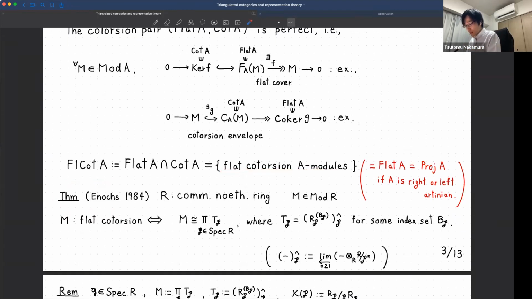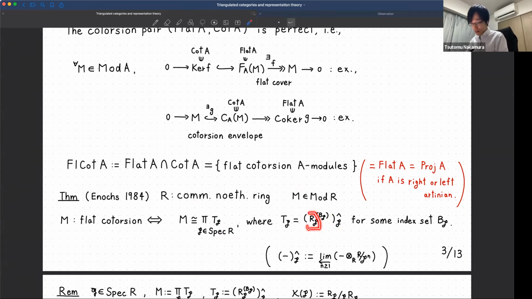For such modules, Enochs proved a nice structure theorem if R is commutative Noetherian. Given an R-module M, M is flat cotorsion if and only if M is isomorphic to a direct product of T_p, where p runs through all prime ideals of R, and T_p stands for the p-adic completion of some free R_p-module.